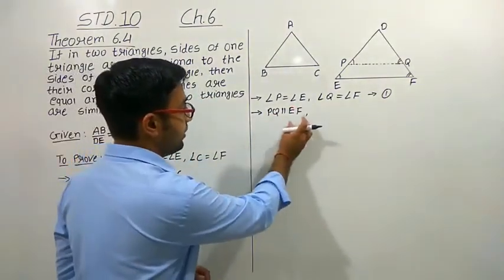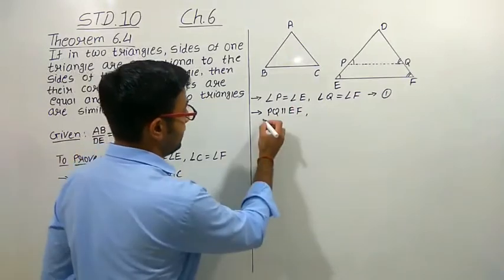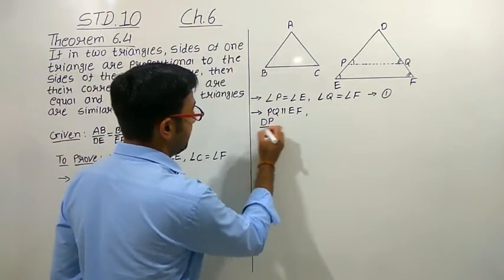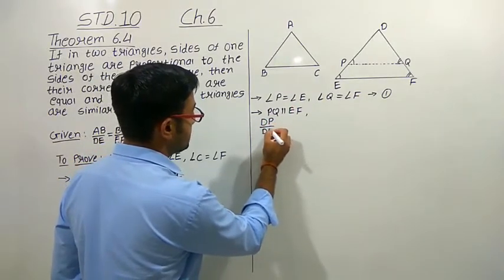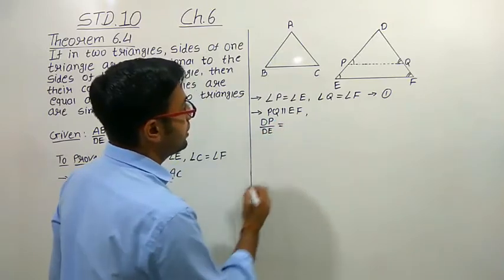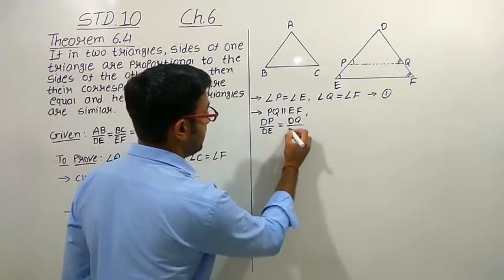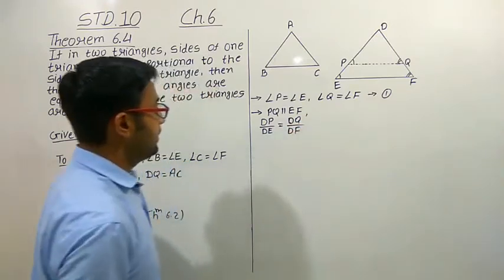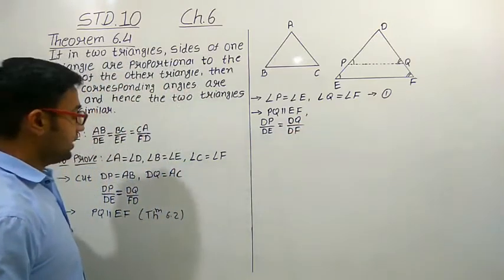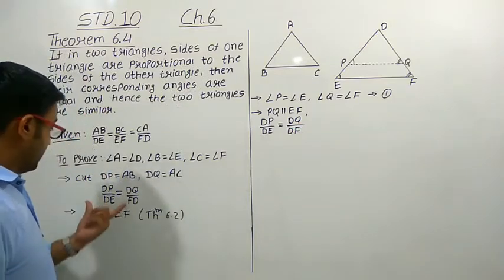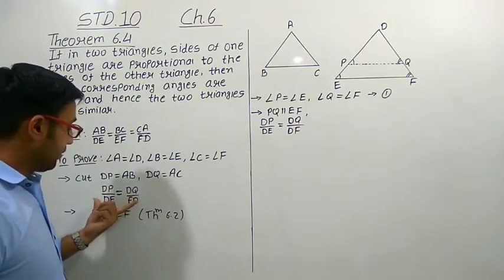If PQ is parallel to EF, we can write down that DP upon DE, the whole side, is equal to DQ upon DF, right? DP upon DE is equal to DQ upon DF. Okay, this thing already here we have written down, right?